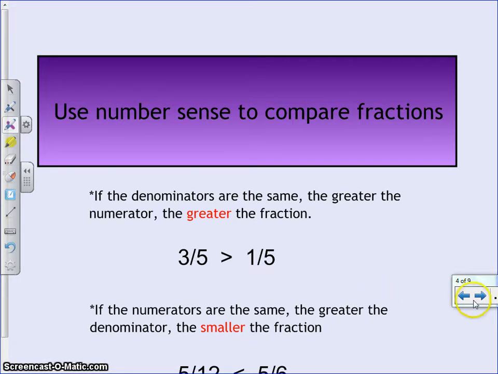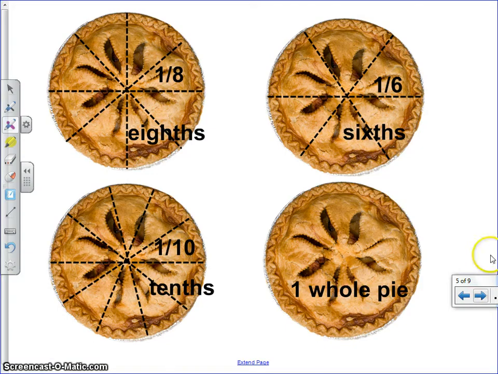Now we're going to take a look at if the numerator is the same, the greater the denominator, the smaller the fraction, and why this is true. Alright, here we have 1 whole pie. Now it's important to realize that when we're comparing fractions, we're comparing the same whole. We're not comparing a large pie to a small pie, a large pizza to a medium pizza, and so on.